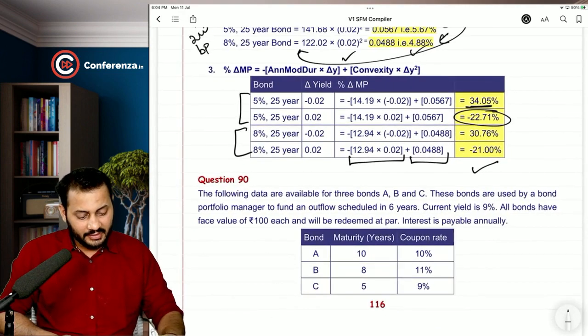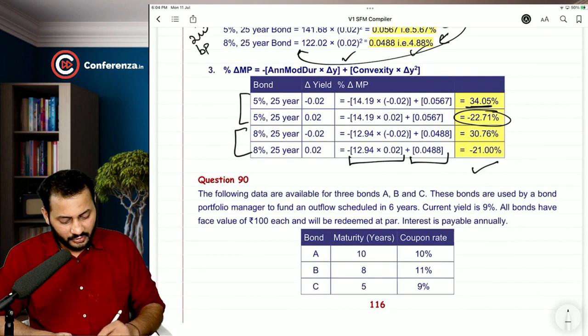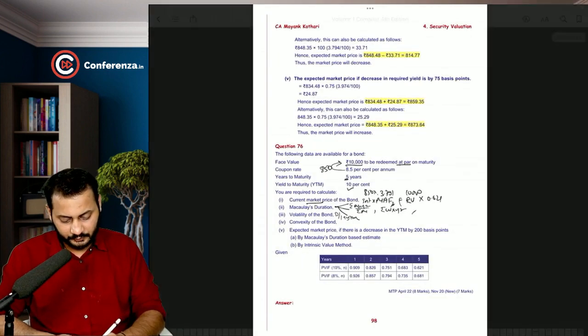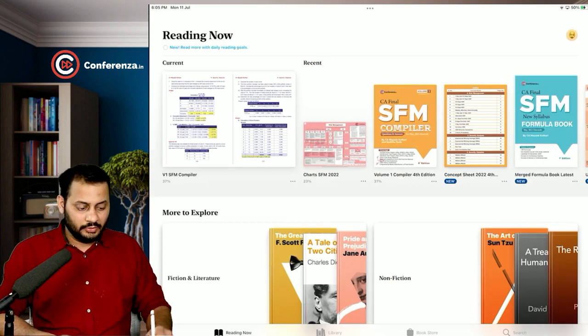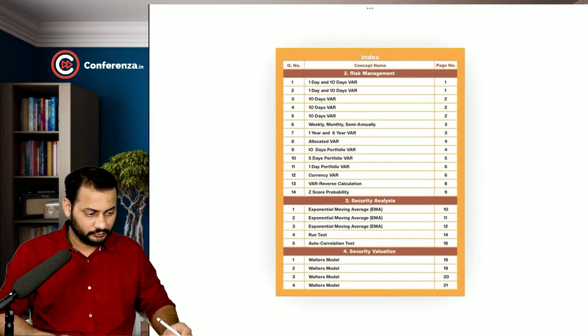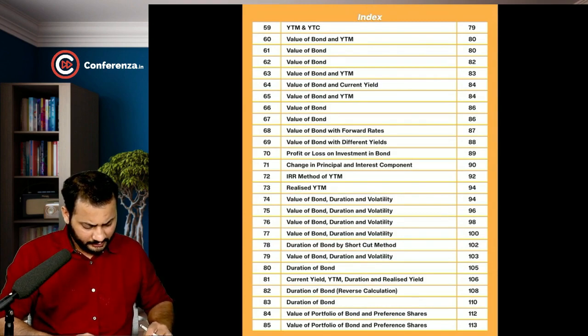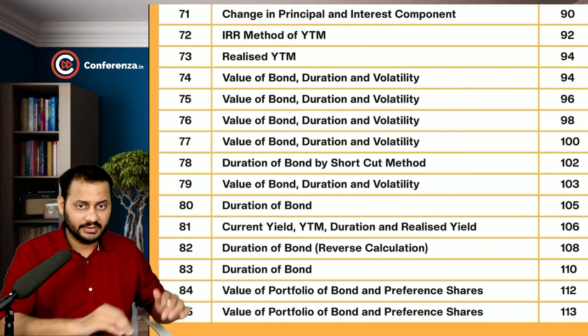Question numbers 90 and 91 belong to a concept called bond immunization. I will just come to the concept sheet. See, we started with question number 76, I think.